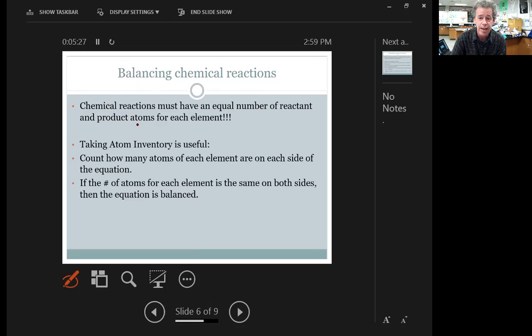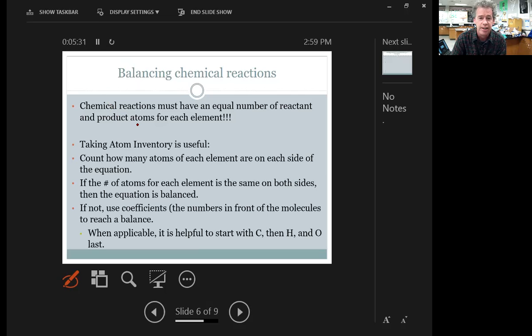If the number is the same, then you're all good and the equation is balanced. But if it's not, then you have to use coefficients, which tell how many of each molecule or compound you have. It's the number in front of the molecule, not the subscript. And you use those coefficients to balance the reaction.